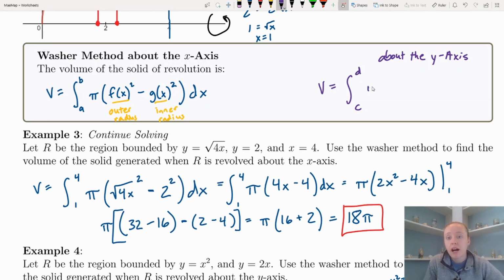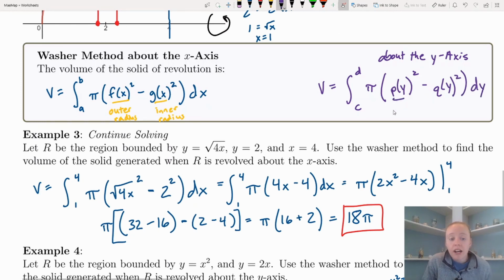And this is going to be pi times our outer radius, which we want in terms of y. So this is going to be some function p of y squared, minus another function in terms of y, that's our inner radius, so that's going to be q of y squared. And this is all with respect to y.